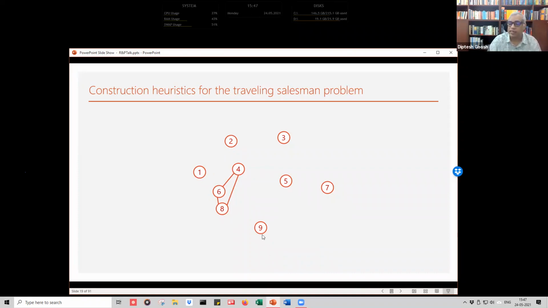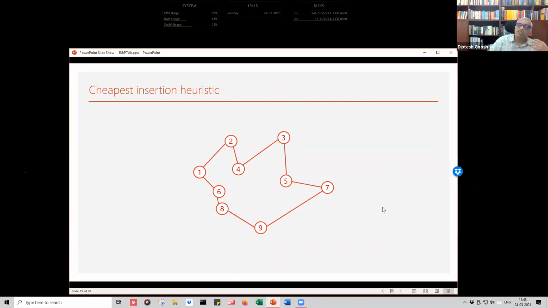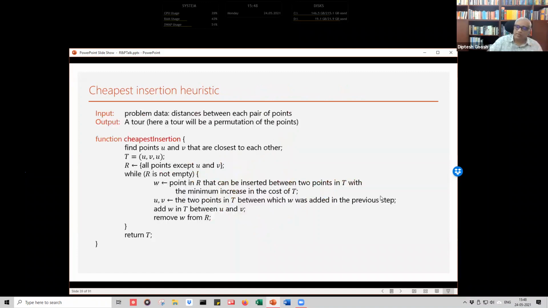I can connect this by removing 4, 8 and joining this way. So I do that and I find out that this is the best way. This is the cheapest way in which I can add one more element to the tour. I keep on going this route, and at the end, I would come up with another solution. Okay, so this kind of a solution is called a cheapest insertion heuristic. Okay, so that is your cheapest insertion heuristic.